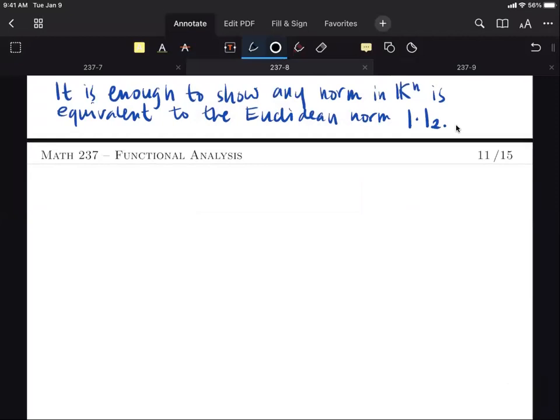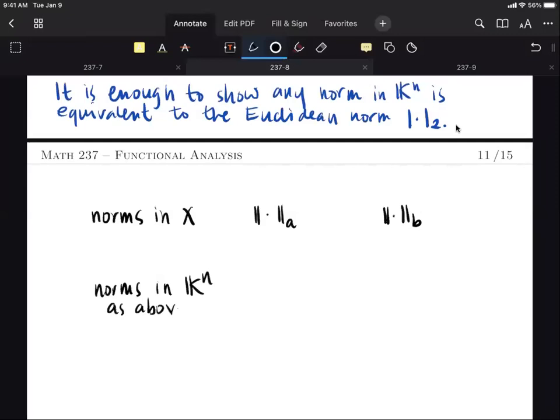Well, the idea is the following. Let us consider two norms in X, differentiated by a subscript A and a subscript B. We can now define norms in K^n as above.